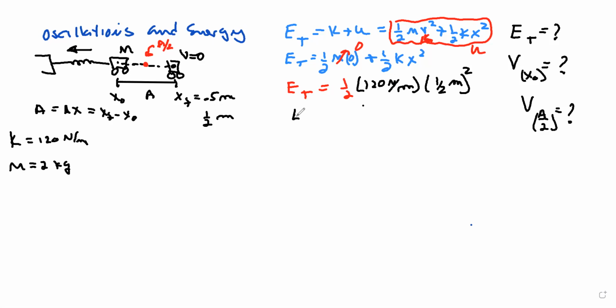So the total energy is 60 Newton per meter times 1/4 meters squared. The total energy is 60 divided by 4, and the meters squared cancels with the meter, leaving Newton times meter.